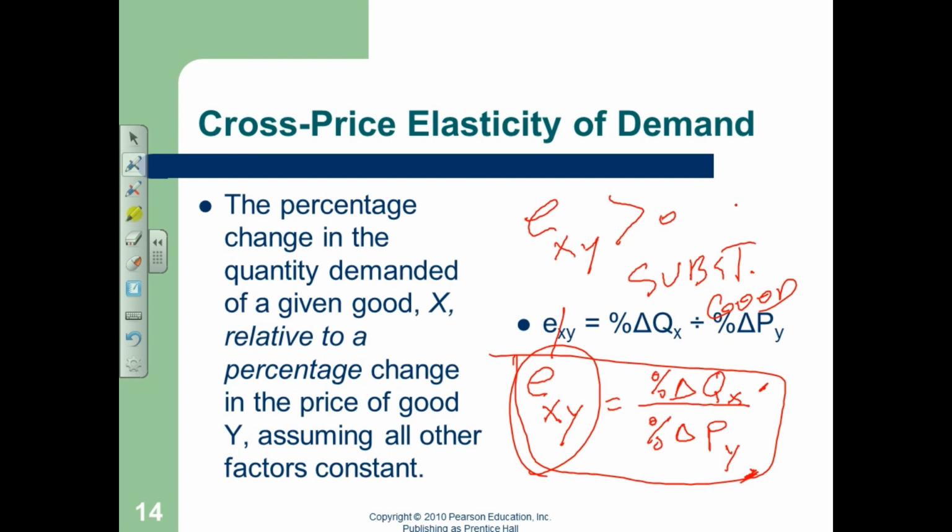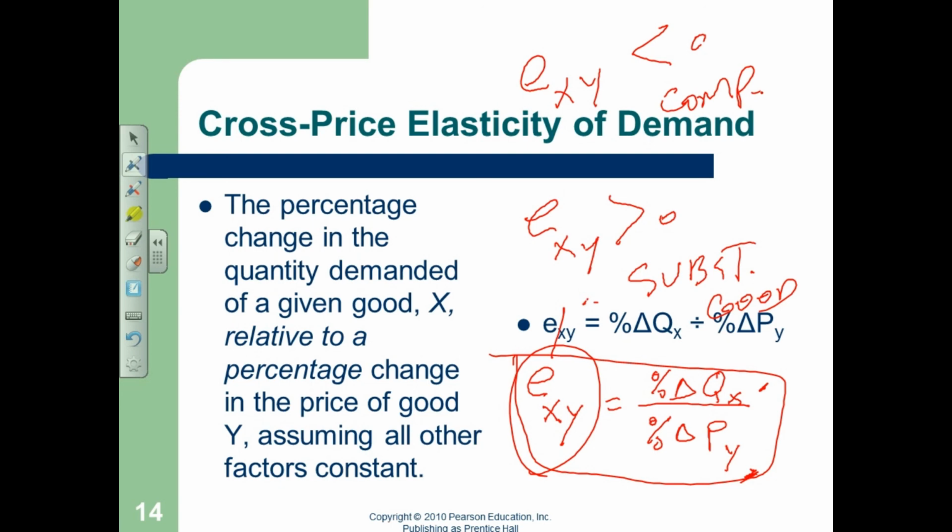So when the price of steak goes up, demand for steak sauce will go down. So they move in the opposite direction. Therefore, this cross-price elasticity, this EXY, would be negative. So if that is negative, that means the two products are what? Complementary products. Okay?